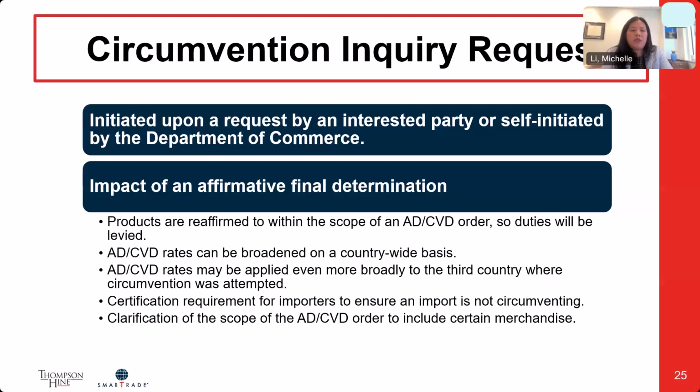Once a circumvention inquiry is initiated, Commerce will not just say, okay, this is bad. They instead will select some foreign manufacturers and exporters and issue questionnaires, just like in the investigation and the administrative reviews. They will issue a preliminary and final determination within 150 and 300 days, unless extended.